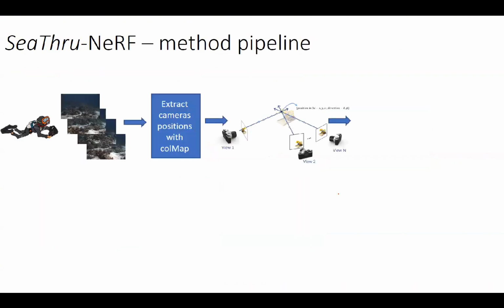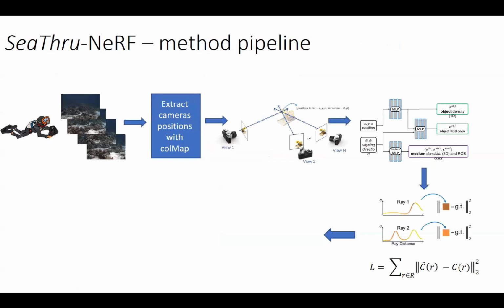And we can see here the overall pipeline that we get. This part here is basically the training according to the standard approach, but with the changes that I mentioned.